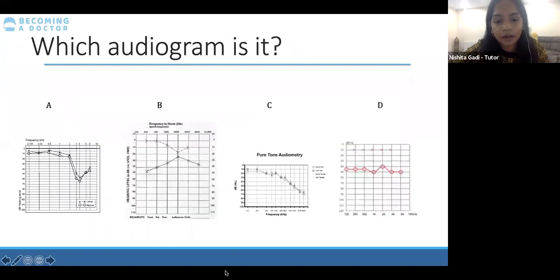Okay, so we have a poll here. I want you to apply what you've learned about audiograms. We've just gone through the mechanism of noise-induced sensorineural hearing loss. So I'll launch a poll and you can vote and see which one you think it is. I'll give you a minute or two.